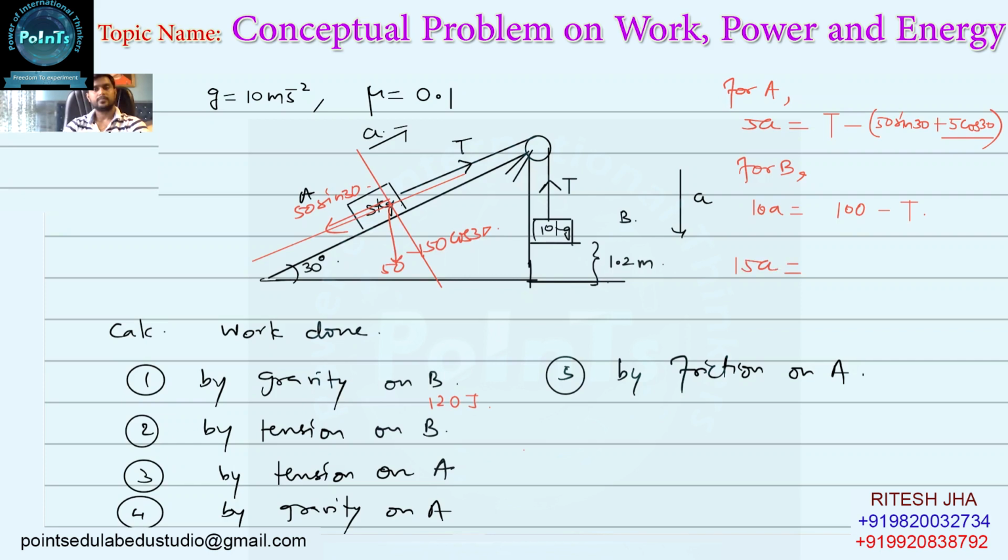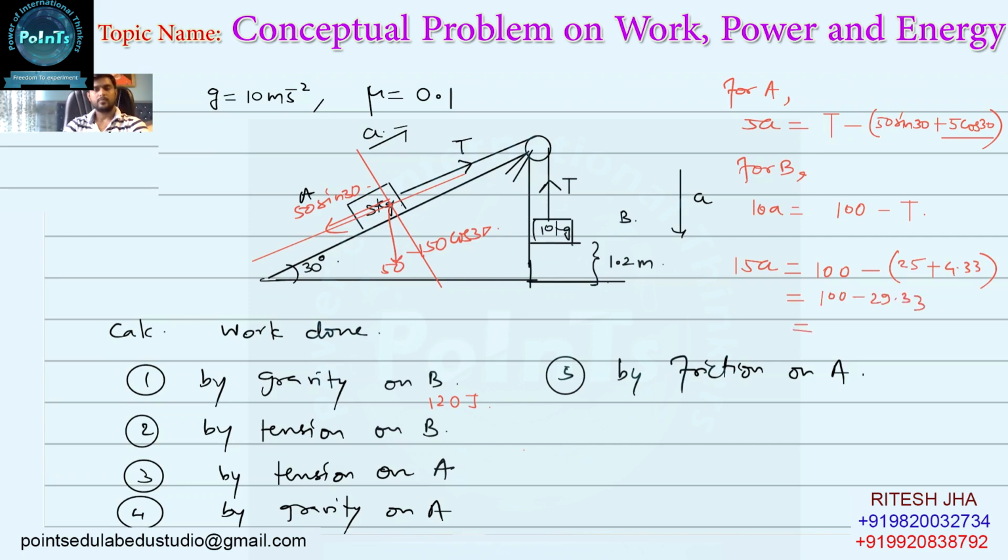And we can strike out the 5s here because there's a lot of 5s. So what we get is 10 sine 30 plus 10 times 0.1 is 1, so 1 times cos 30, minus F_T is equal to a.